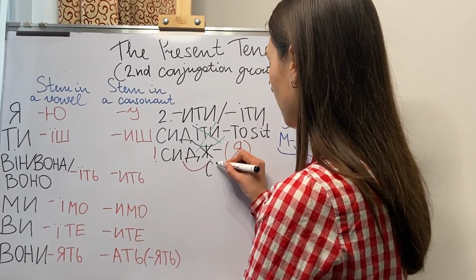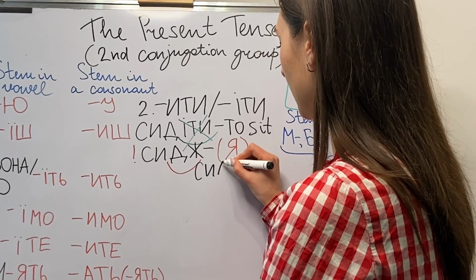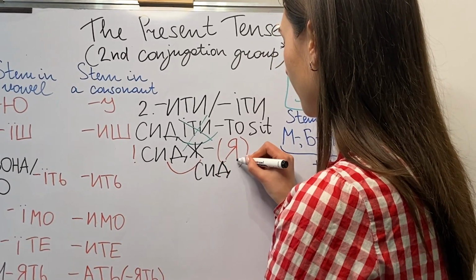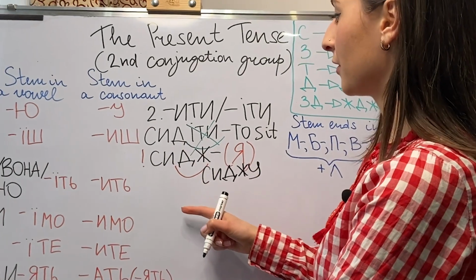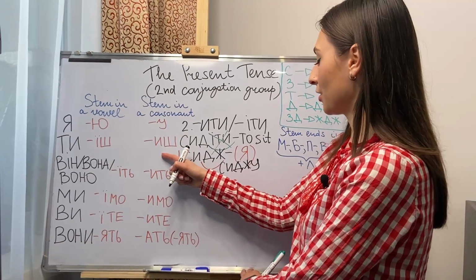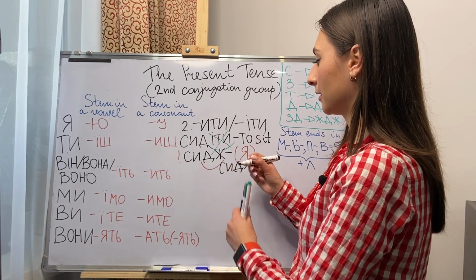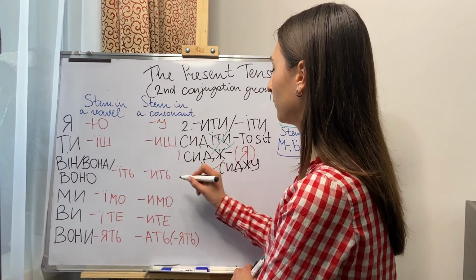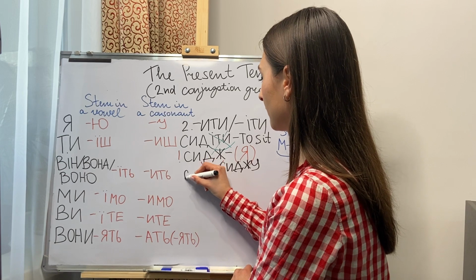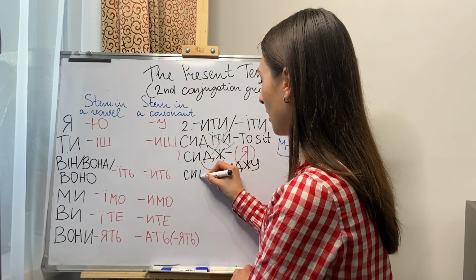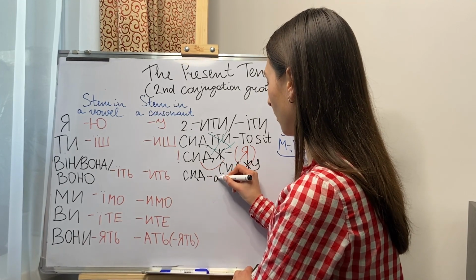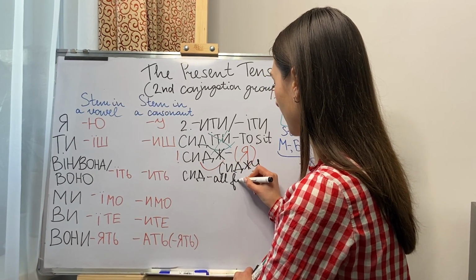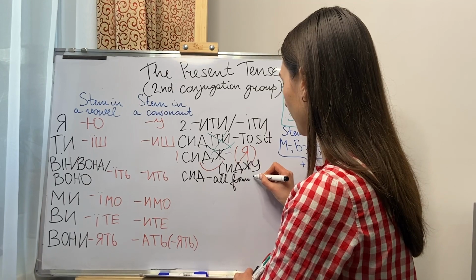Я сиджу. And for other forms, you just say ти сидиш. We drop this ж. For all these other forms, we just use the stem sid.